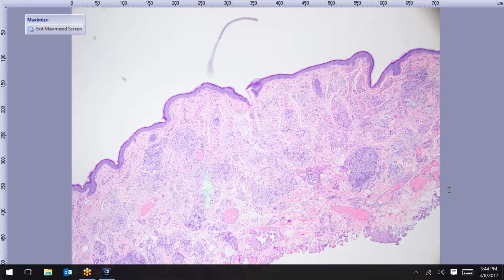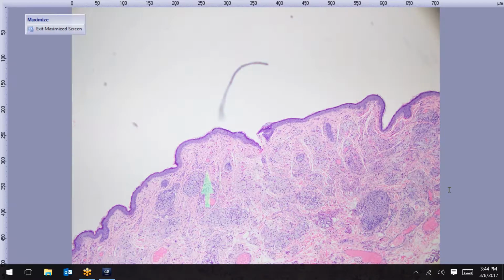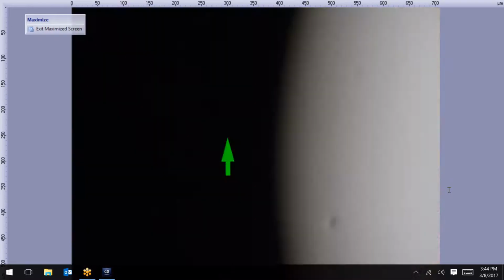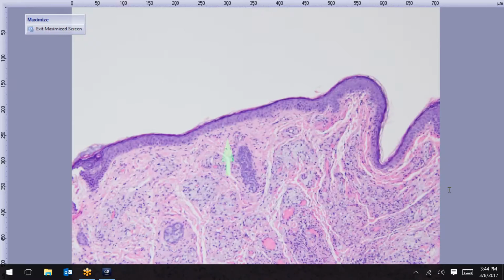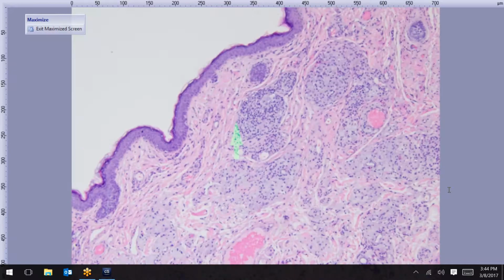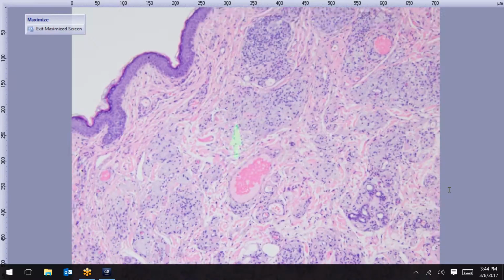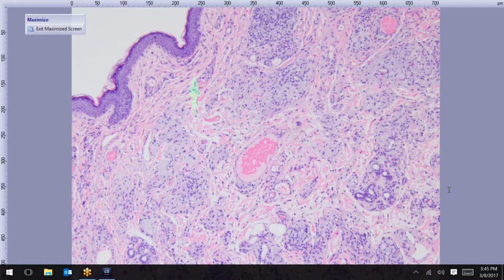Eyelid skin, clinically and histologically, is thin. So if you look at this epidermis right here, it's rather thin. You can think about when we compare it to acral skin. So this is just very thin. The stroma, it's going to be a little bit tougher for me to illustrate to you, but the stroma in eyelid skin is a little bit loose, like right here.